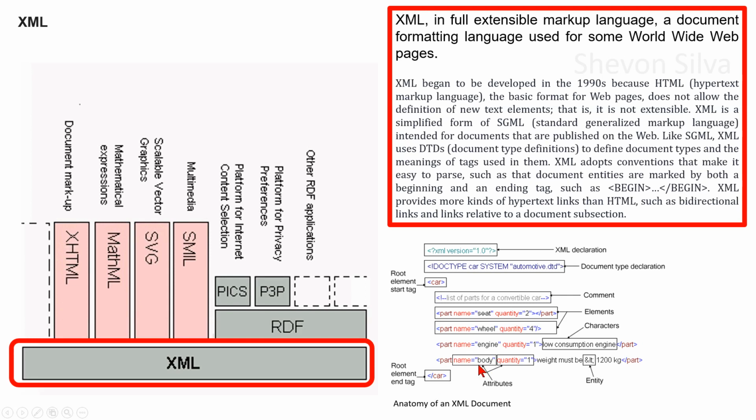Body is the value of the attribute called name here, of the part element. And characters. An XML element can also contain free text.